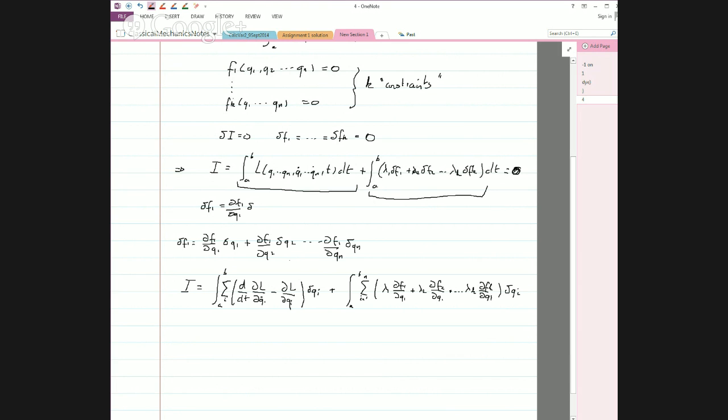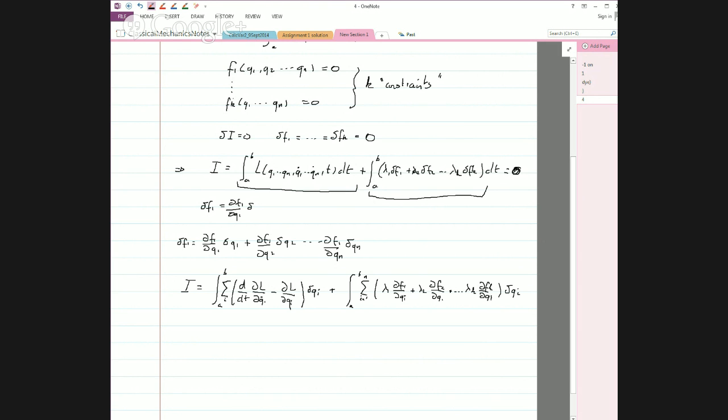So for each of these terms, I've now grouped them instead of by all the f1s and all the f2s, I've grouped them by which one goes with which qi. And so it's a sum from i equals 1 to n of these terms for each of the qi's.